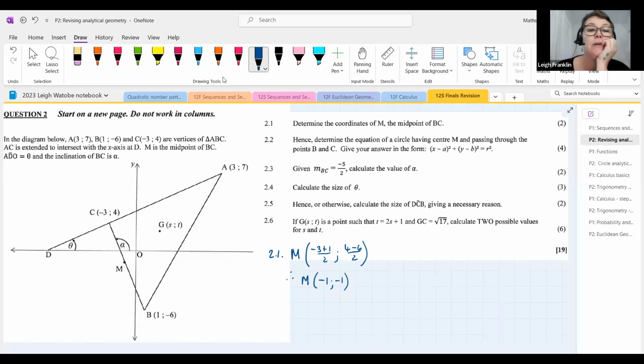All right, easy enough. 1 mark for subbing into the midpoint formula, 1 mark for the answer.